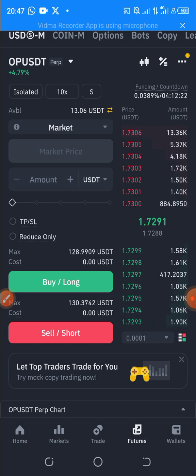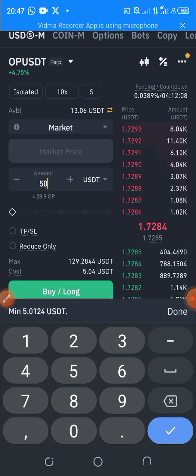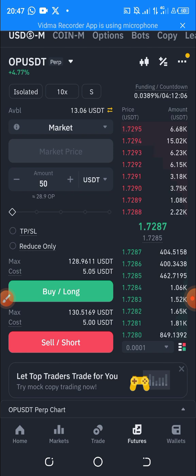So let's say I want to buy this OP now, and I'm doing it at a margin of 10x. So I just type $50 here. I want to long on OP, Optimism coin.